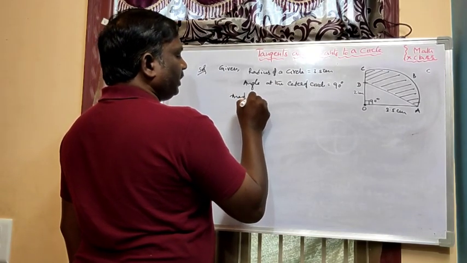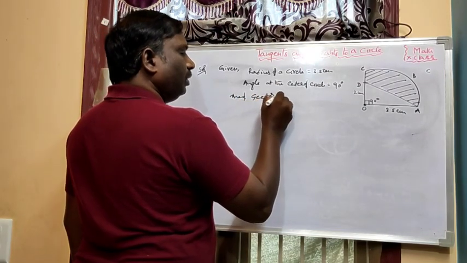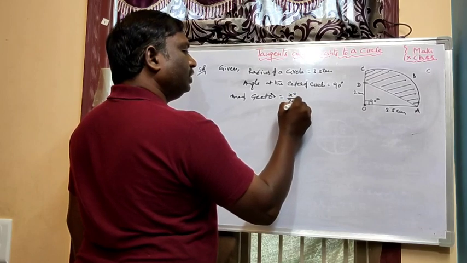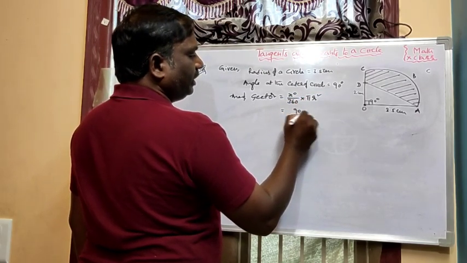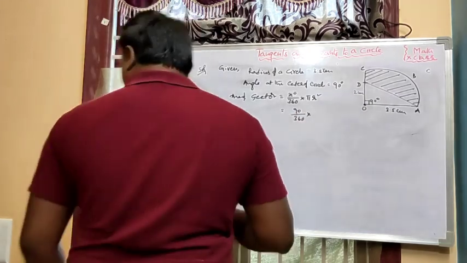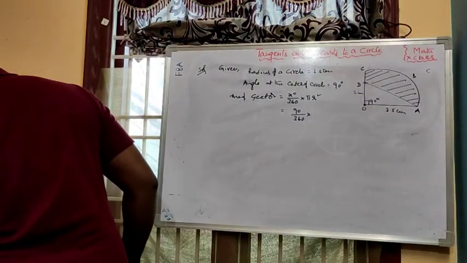Area of sector equals x degrees by 360 into pi r square. So x degrees means 90 by 360 into the pi value. From this question they are asking 22/7.